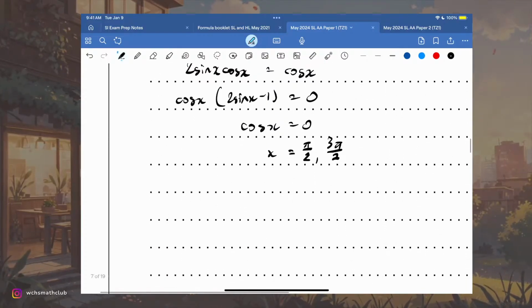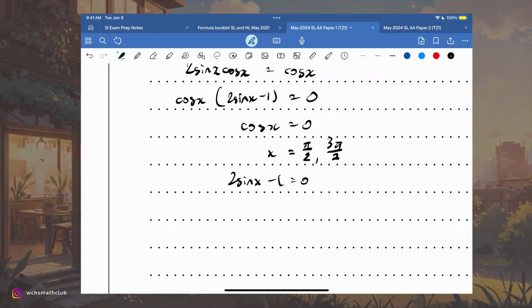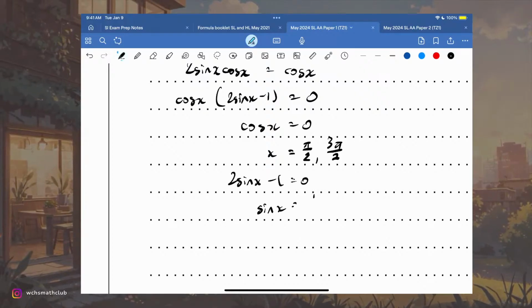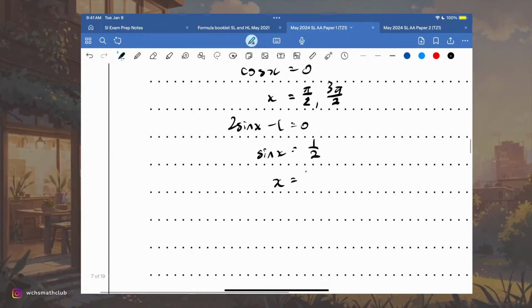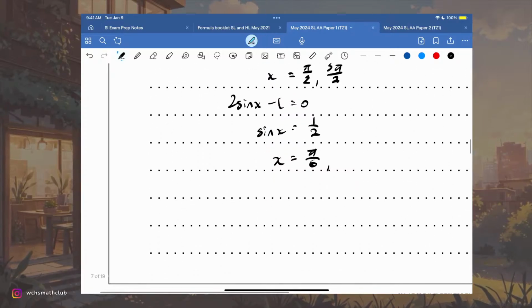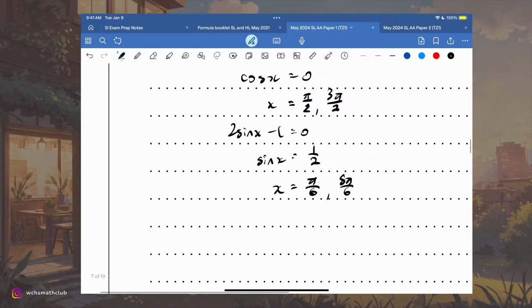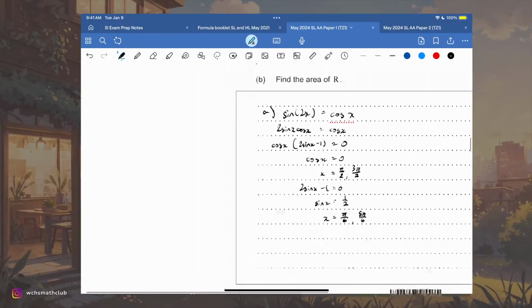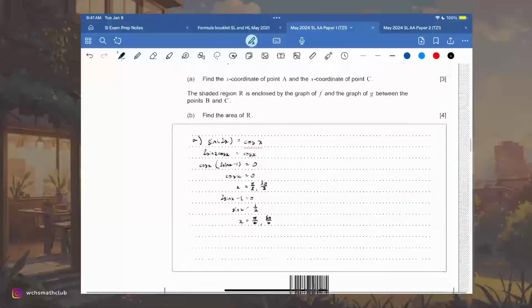And we also have 2 sine x minus 1 equals 0, or in other words, sine x equals 1 over 2. And then we can also solve that. So we can keep in mind the CAST rule. This would be pi over 6 and, from CAST, 5 pi over 6. Great. Okay, so we have these values for x that could be possible.